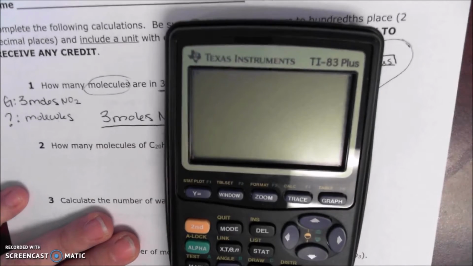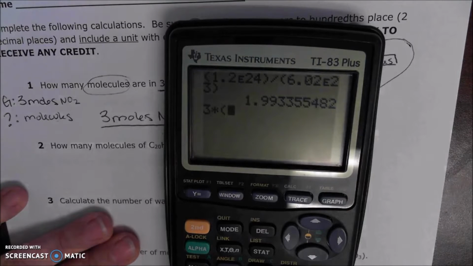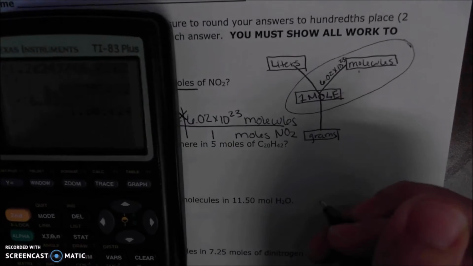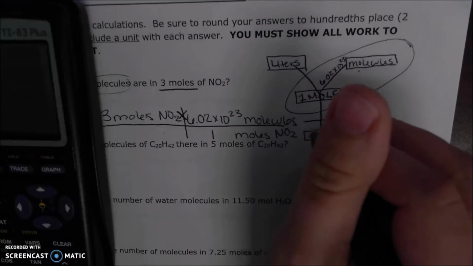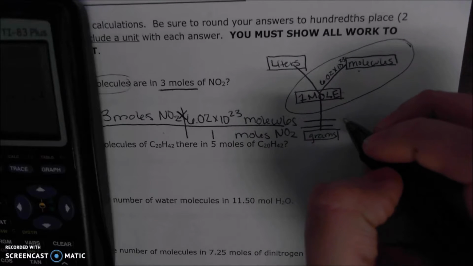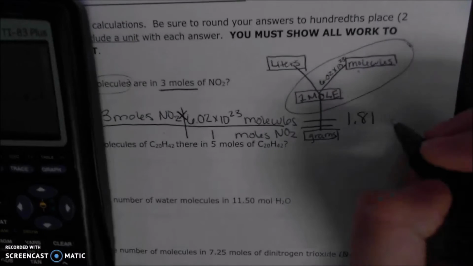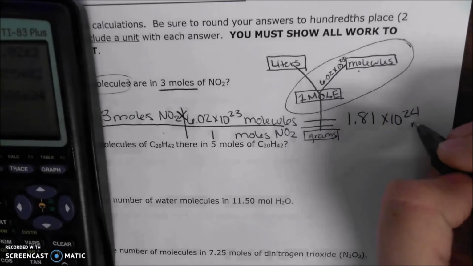You'll say 3 times, and remember, we're going to use our parentheses, 6.02 second E 23, and that's going to give us 1.806 times 10 to the 24th. And my mole map's in my way, so I'll make it really long like this, and I'll say 1.81, we'll round, times 10 to the 24th molecules.